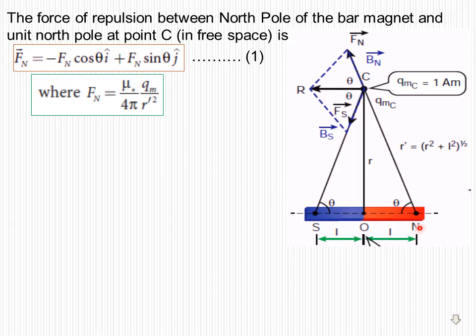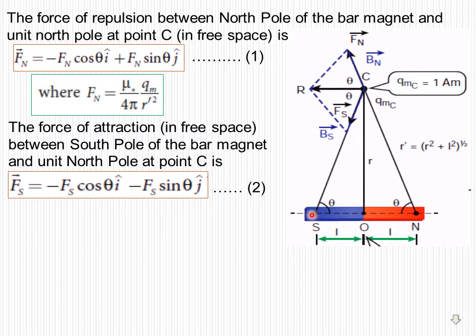Now the force of repulsion between the north pole of the bar magnet and the unit north pole at point C, in free space, is F vector n is equal to minus Fn cos theta i cap plus Fn sin theta j cap. Therefore Fn, the force of repulsion at the north pole, is equal to mu naught by 4 pi, Qm by r dash square.